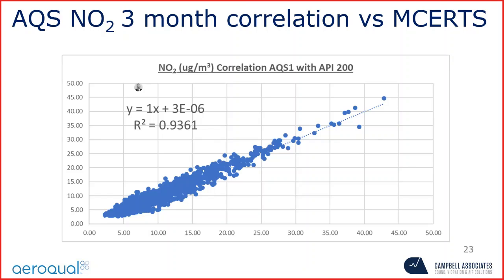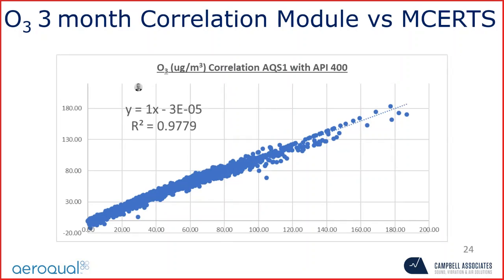was excellent. An R² of 0.93 is incredibly good, considering also that we were looking at 2 monitors which were about 3 meters apart. And for ozone, it was even better, with correlation about as perfect as you could get.